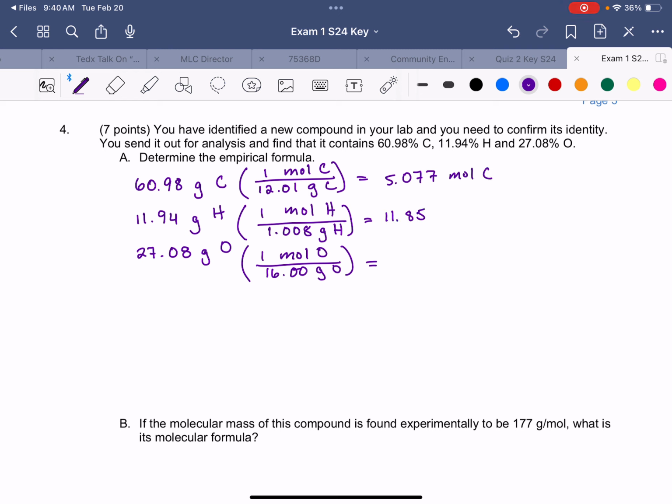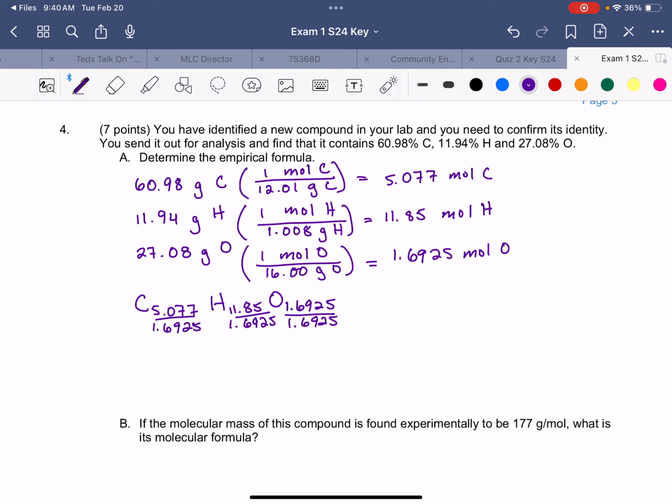So I have all of these moles for each of my grams, and then I write my pseudo formula: C 5.077, H 11.85, O 1.6925, and I divide all of them by the smallest number, which happens to be from O, so that subscript should be 1. And when I divide, I get C3, H7, O1, and you can include the 1 or not include it. So that is our empirical formula.